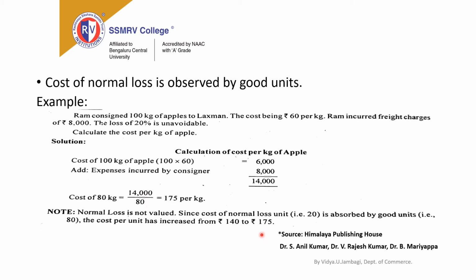Since we have normal loss, we are dividing the total cost only by the good units. Thereby the cost per kg of apple has increased, and now the cost per kg of apple is rupees 175 because of normal loss.